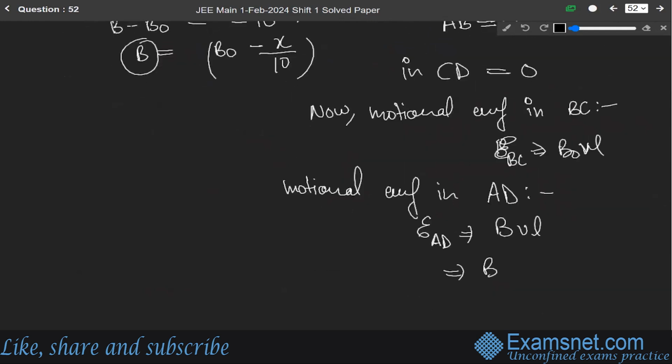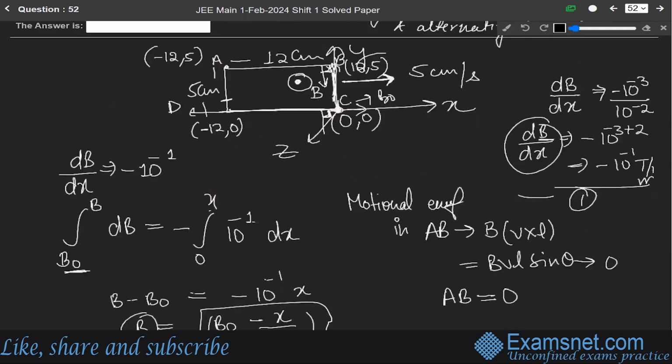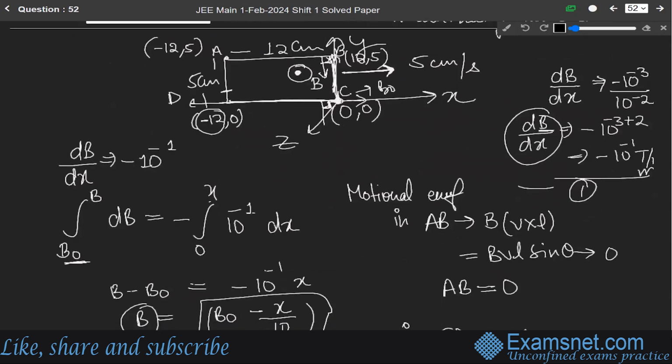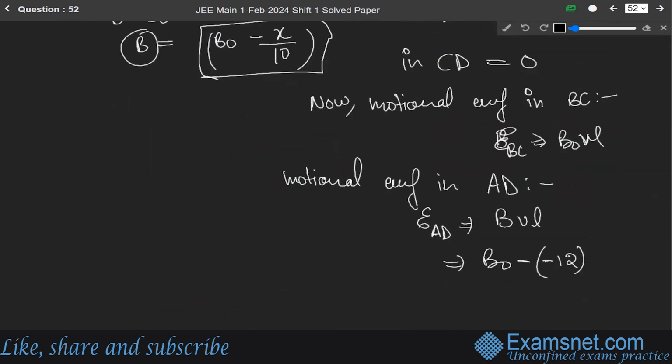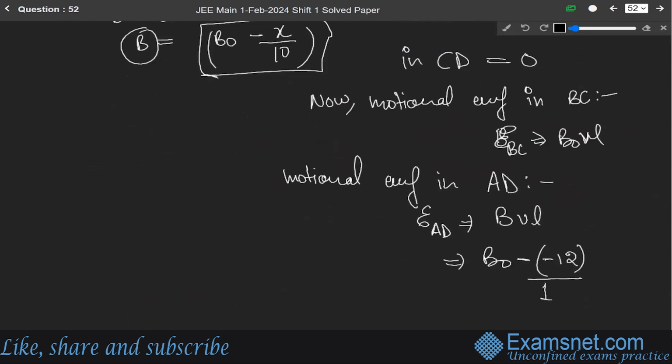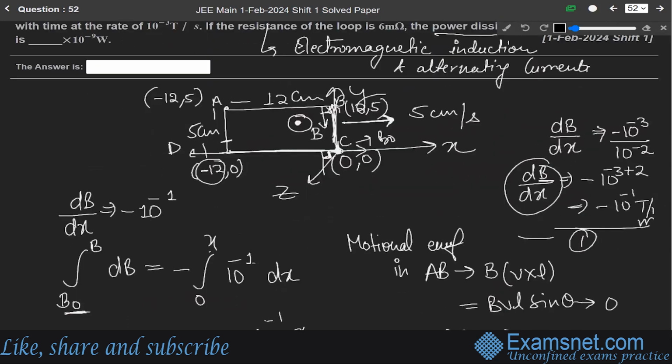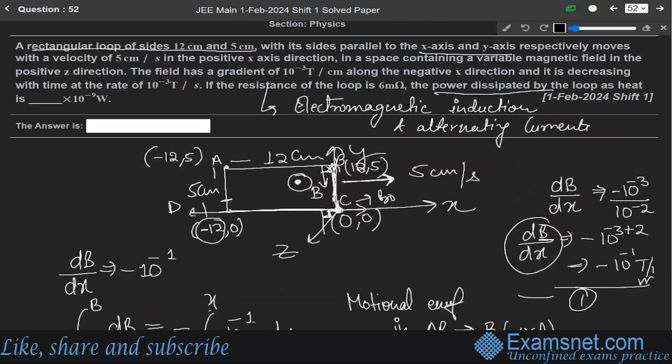B naught minus X over 10. So B naught minus X, X is here minus 12. B naught minus 12 over 10 into L. Length is given as 5 centimeter.